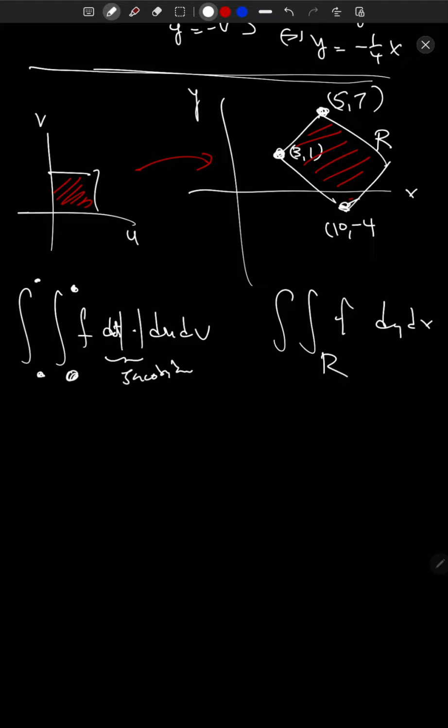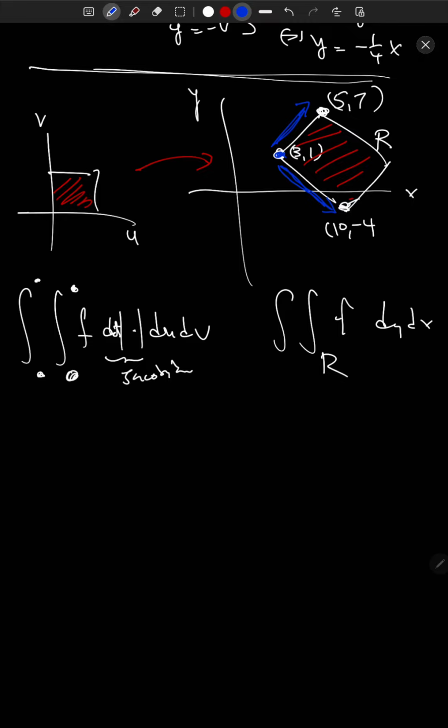So how would I actually do this? For this kind of example where we have a nice simple parallelogram, a good way is to figure out this vector right there and that vector right there. I've arbitrarily chosen this point as my base point.